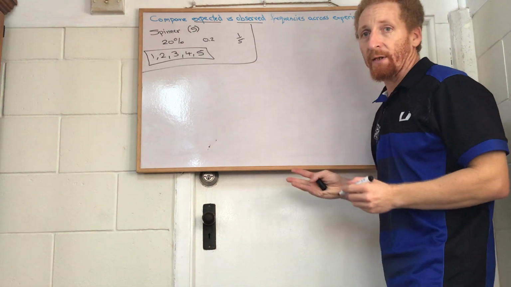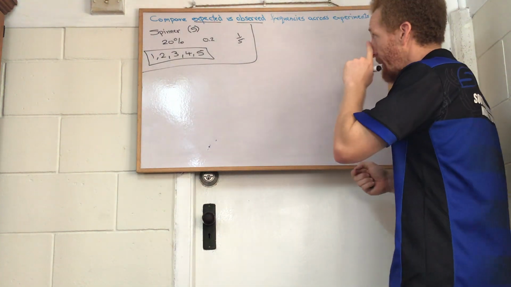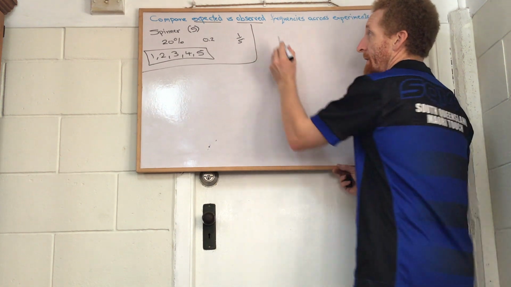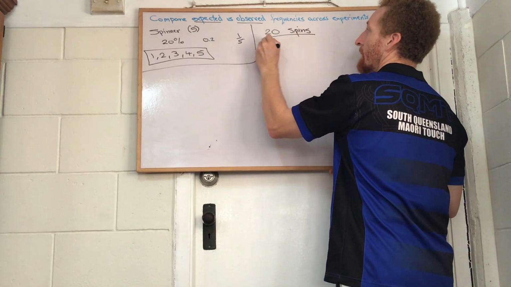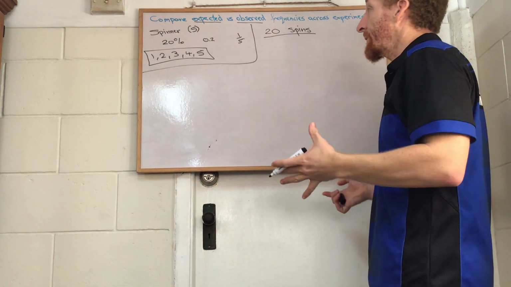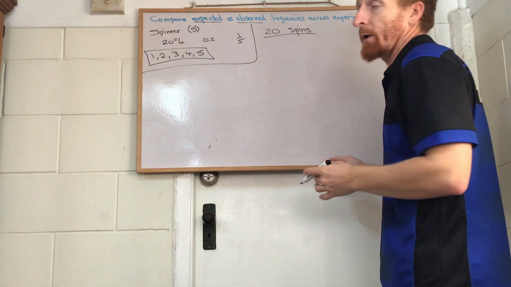When we actually do it, however, and I've done it on my computer already, so I can just write down the results. So I did 20 spins, because you can set how many you want to do. I didn't want to do too many, but I just wanted to see what I would get.